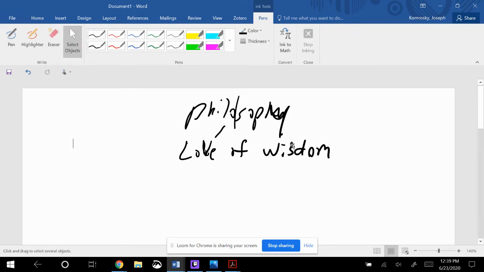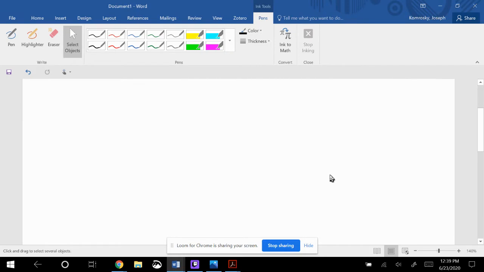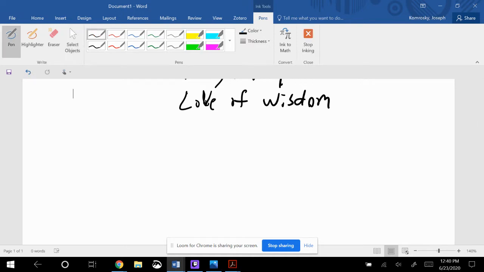And this is going to be important that you see an overall bigger picture. Okay, when we do philosophy and love of wisdom, we're going to have different categories or main branches of philosophy.